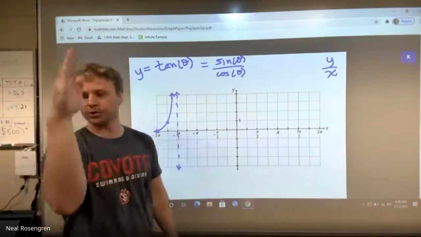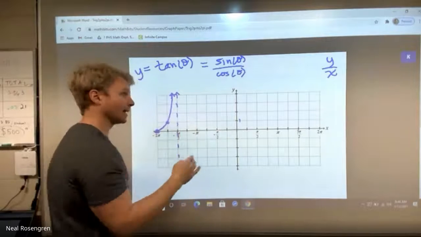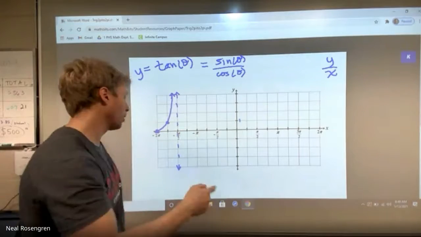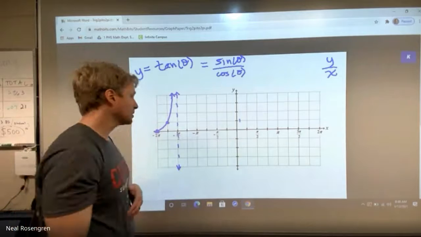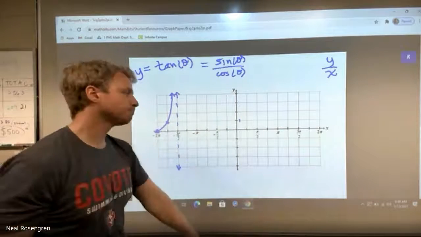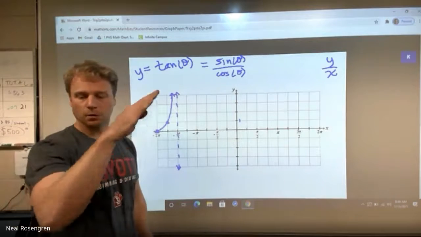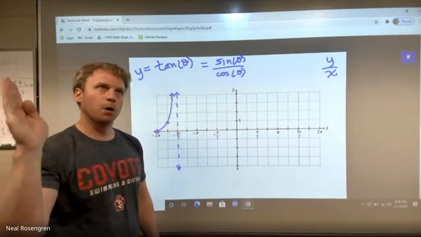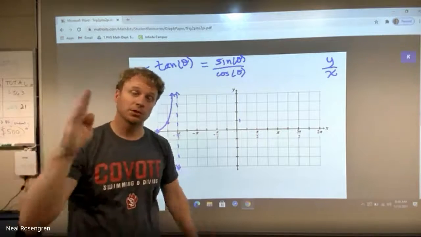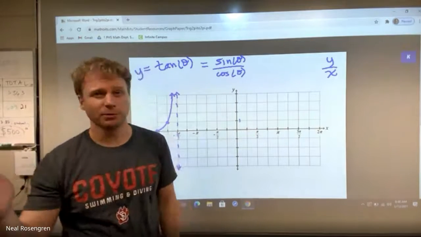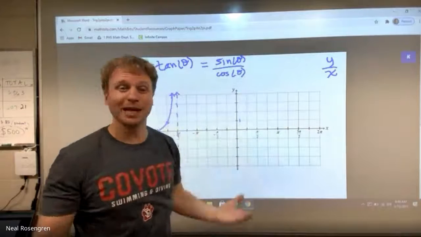So let's get ourselves into the second quadrant at 3 pi over 4, which in this case is negative 5 pi over 4. Same spot. It's just going to repeat. And when we're there, we're on the other side of the y-axis. So x is negative, but y is still positive. And so when I divide y and x, I'm going to get a negative number back.